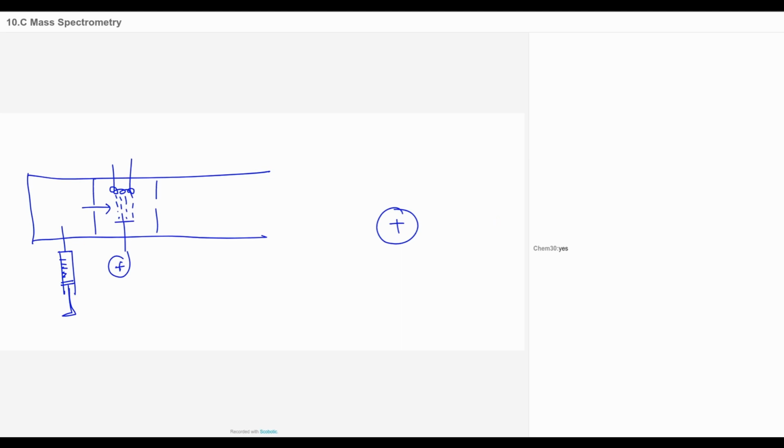There will be a repulsion like this, between the electron from the atom and the electron from the electron gun. If that repulsion is greater than the attraction, what happens? This electron is removed from the atom, resulting in a cation.